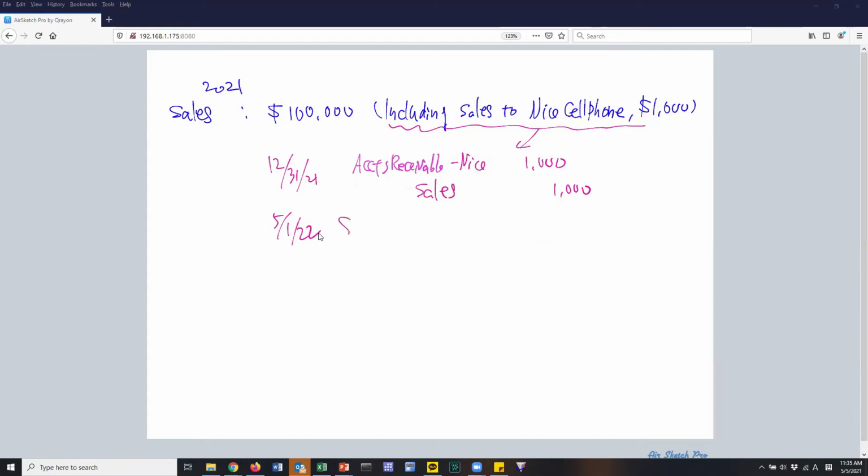Again, sales being debited and accounts receivable to Nice being credited, right? Doing this, he can permanently erase the accounts receivable of Nice and then reduce the sales, right?